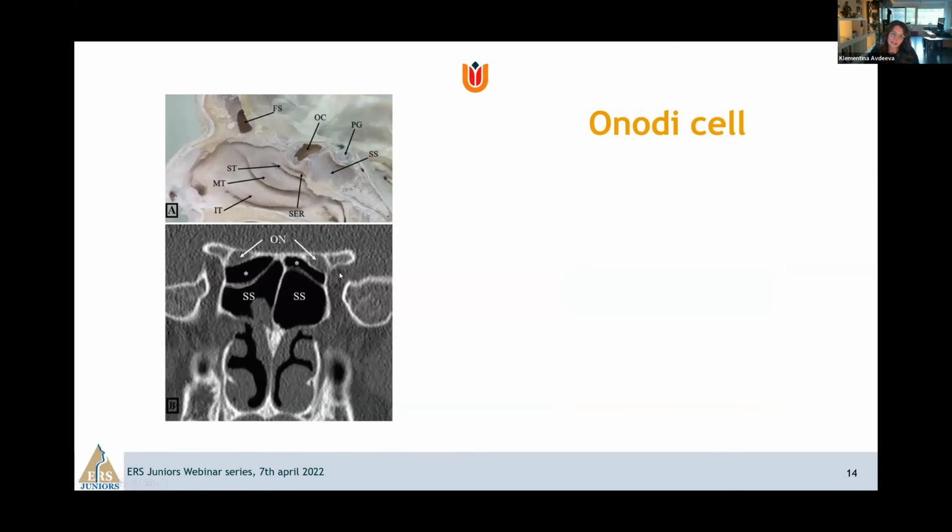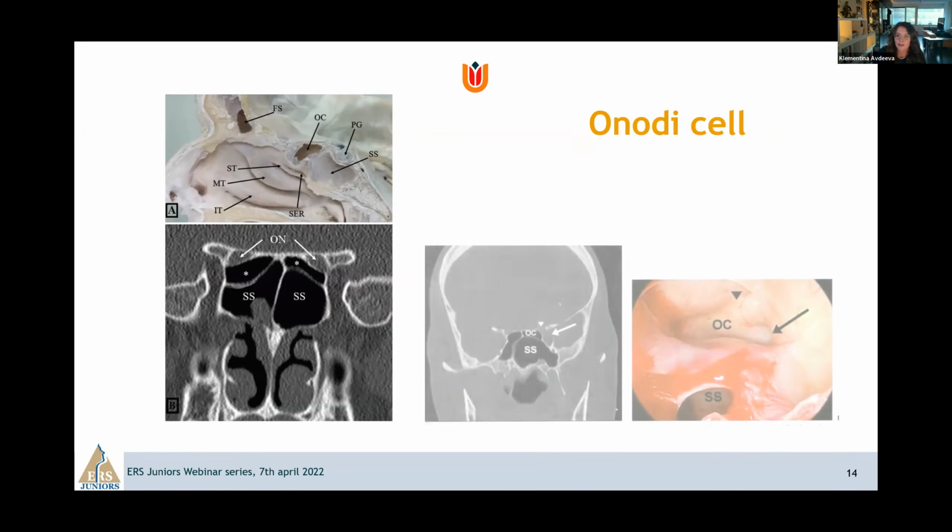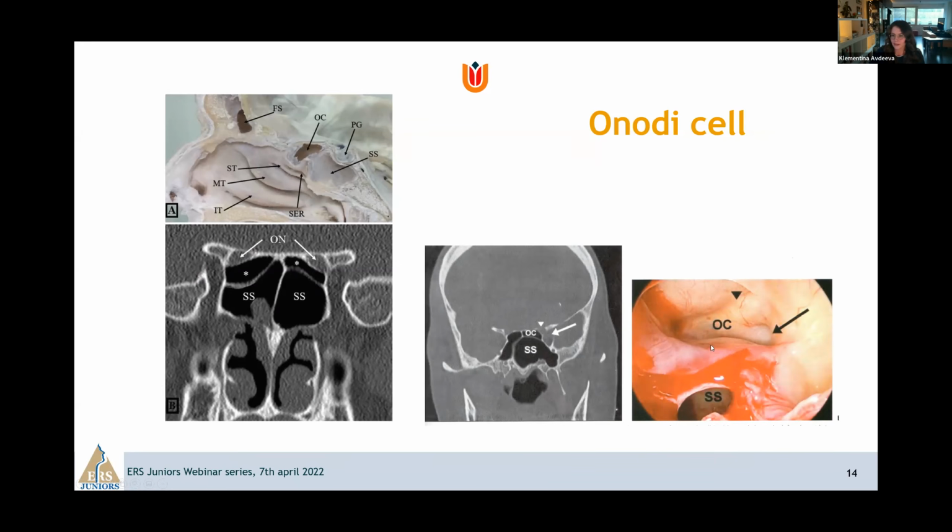So please be aware of it, because when you're going for sphenoid sinus, either due to polyp surgery or because you are creating a transsphenoidal approach to the pituitary gland, make sure that you're in sphenoid sinus when you're thinking you're in a sphenoid sinus. Onodicels might be bilateral or unilateral, and this is an endoscopic view of this patient. And here you can see the onodicel, the sphenoid sinus, and the optic nerve.